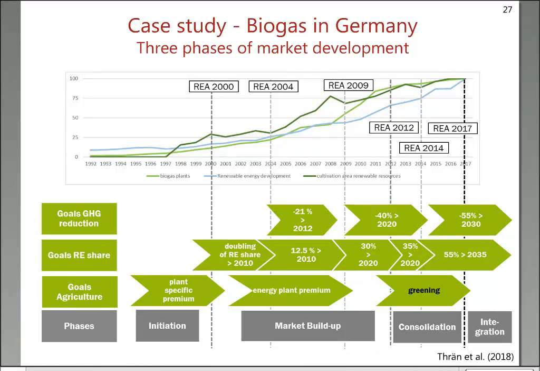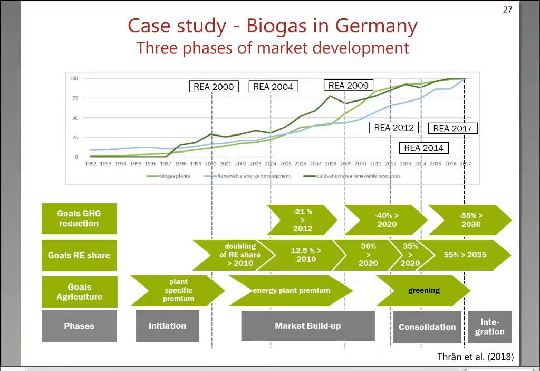It put in place incentives for biogas that made the biogas sector develop. And these incentives were strengthened in the next version of the Renewable Energy Act. And then finally, new revisions were made in 2009 in the consolidation phase.